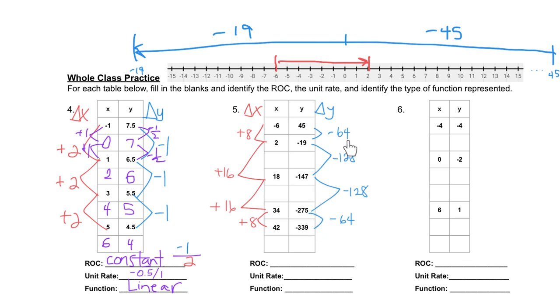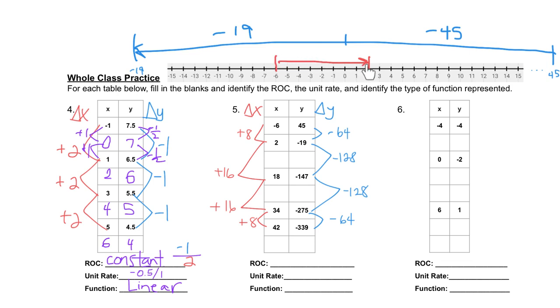And so we have a decrease of 64 and a decrease of 128. Those two numbers are related to each other. 64 times 2 is 128, so you can recognize that there is a proportional relationship there. Same with the change in x. We have a change of 8 and a change of 16 when we jump 2 rows.